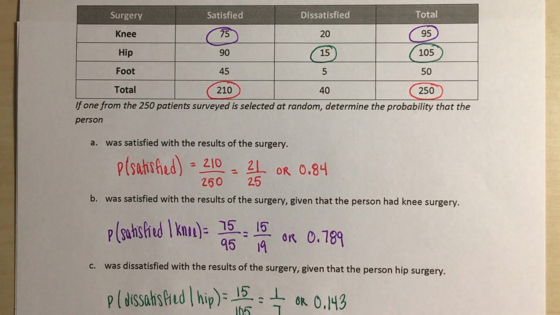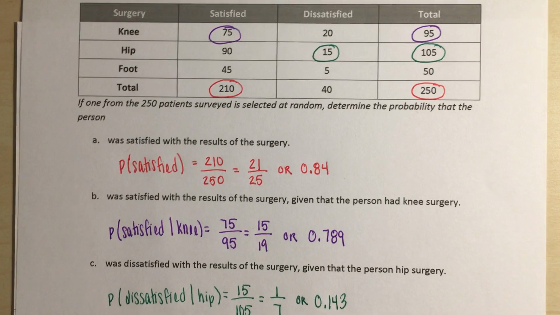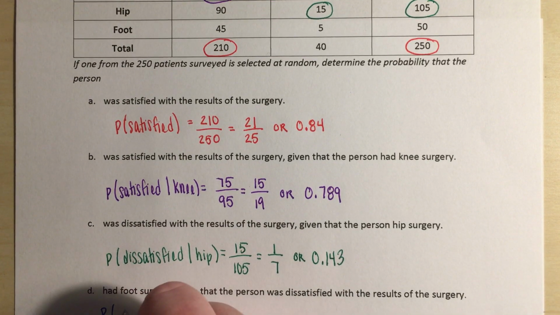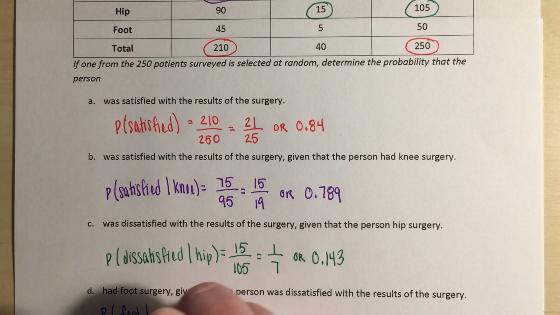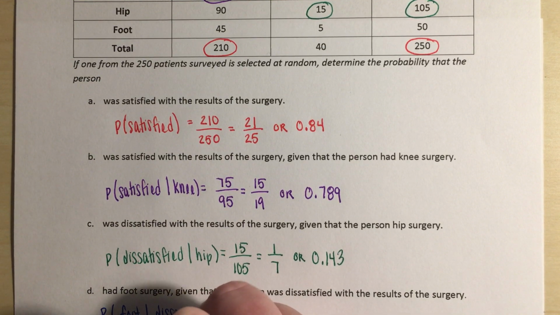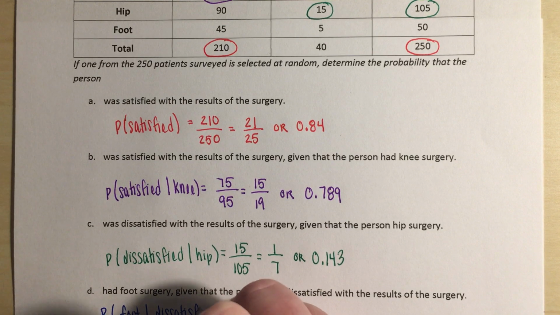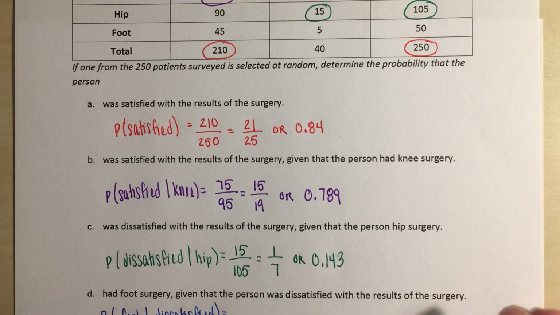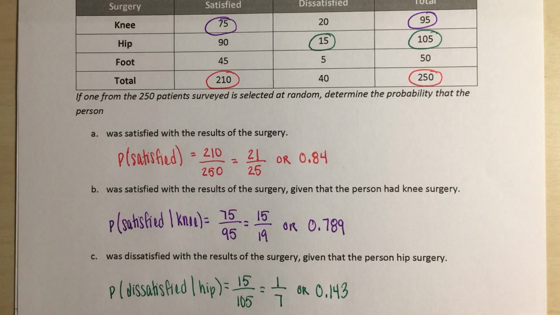All right, and then last but not least, had foot surgery, given that the person was dissatisfied with the results of the surgery. If we look at this, slide this down for just 1 second.